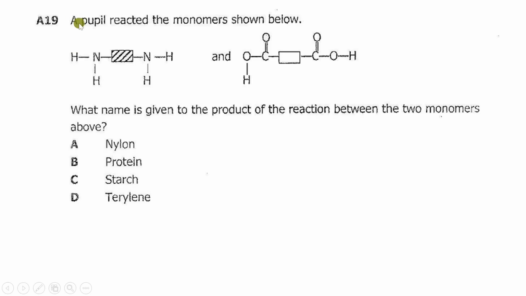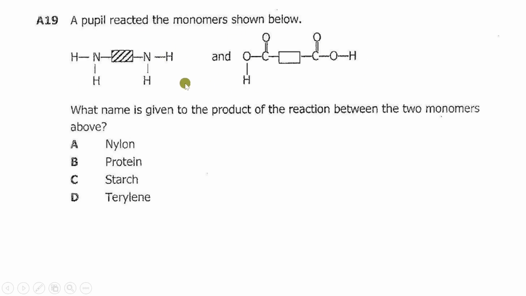So we move to another question, question 19, which came from section A in a certain paper. A pupil reacted the monomers shown below. There is this monomer and this monomer. So when you look at this from the other revision, this is a diamine and this is a dicarboxylic acid.